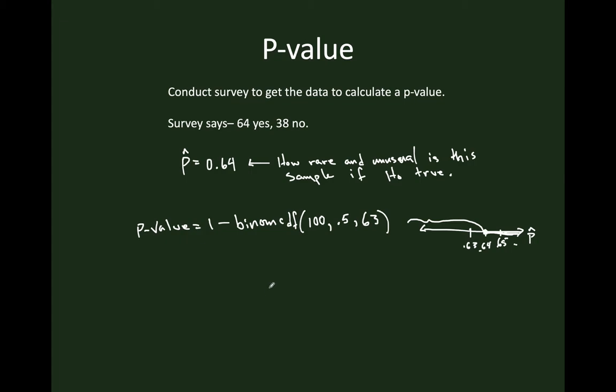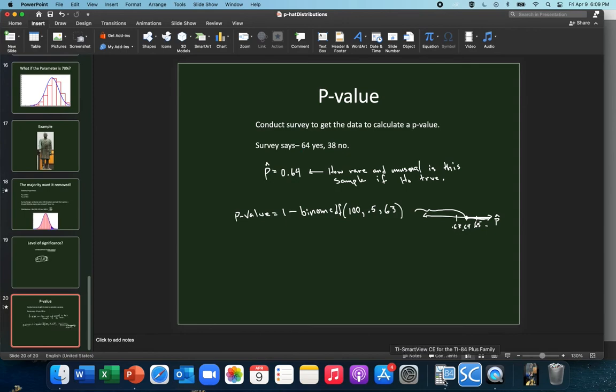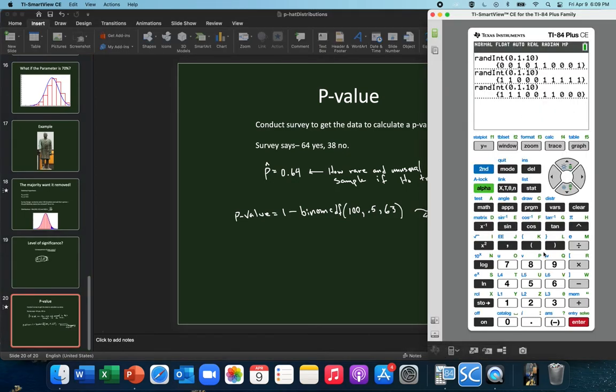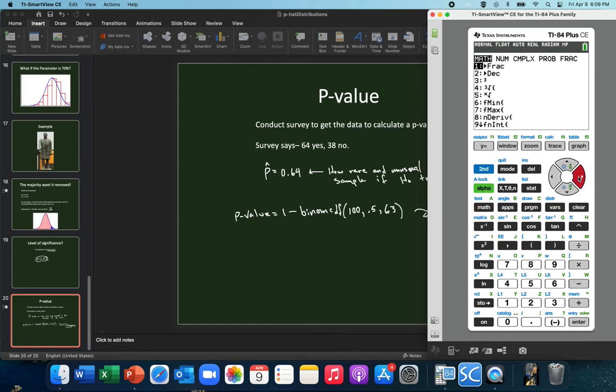And so I would go to the calculator, and this would be 1 minus, second vars for distribution, 1 minus binom CDF. And notice there's a PDF and CDF.